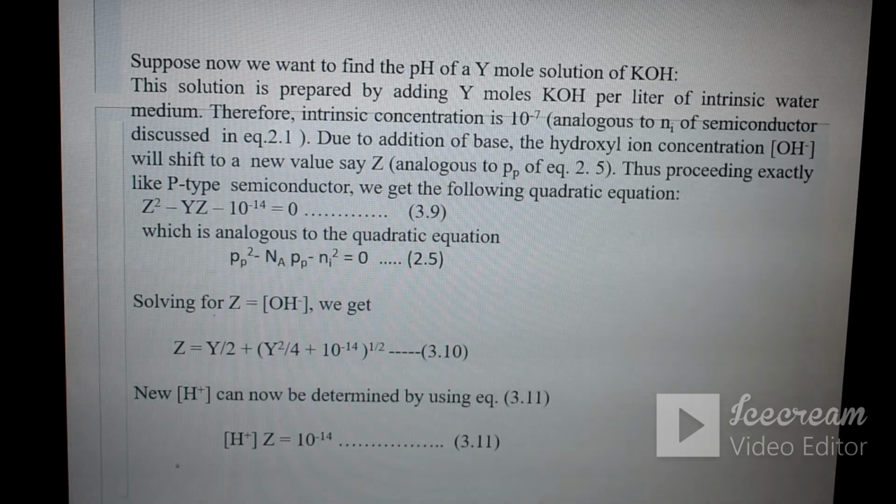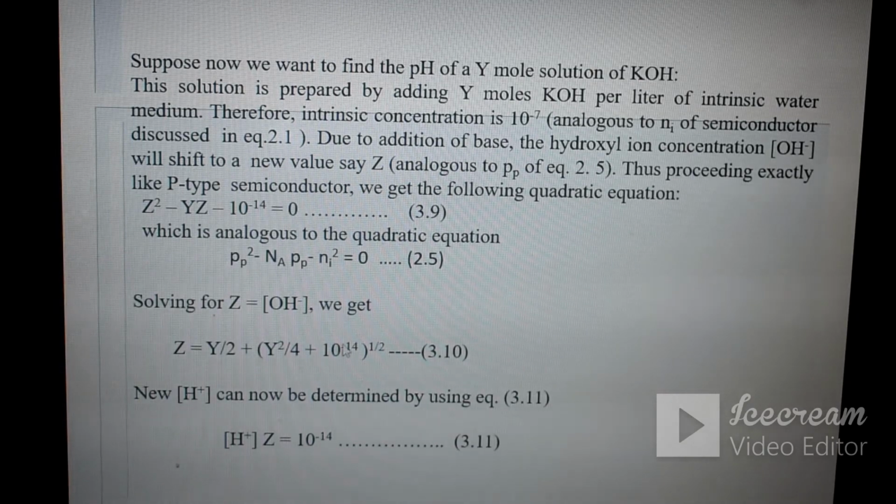Thus, proceeding exactly like the P-type semiconductor, we get the following quadratic equation 3.9, which is analogous to the quadratic equation 2.5. Now solving for Z, that is, Z equal to the hydroxyl ion concentration, we get equation 3.10.